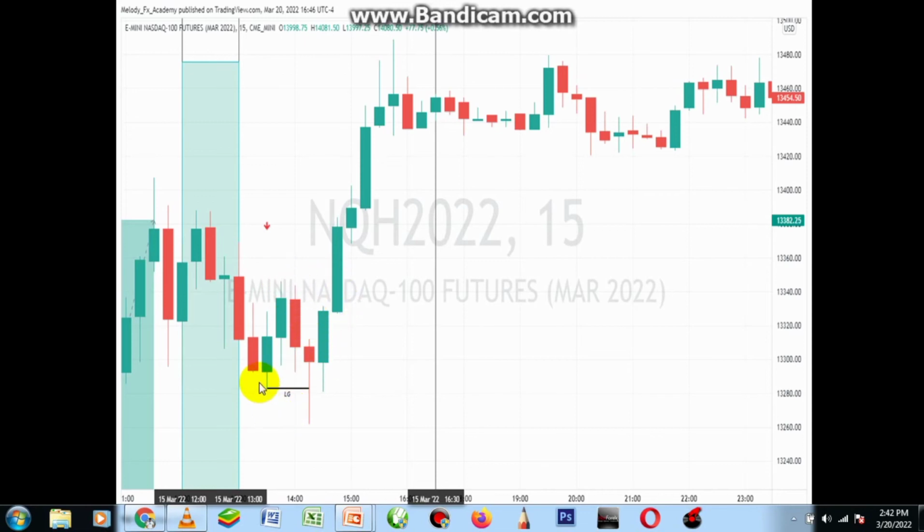As you can see here, prior to 1:30 p.m., we look for an old low to get taken out. This is the first swing low prior to or exactly at 1:30 p.m. Price went down below to grab liquidity, right here.